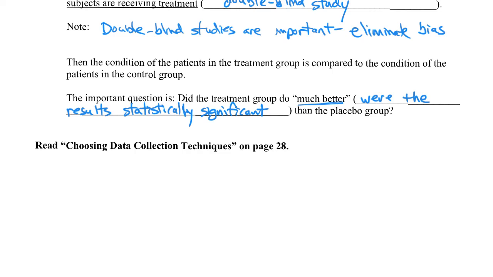Because if you just took two groups and they both have the same thing, let's say they both take the medicine, well, just from chance alone, one of them would probably do better than the other one, right? So it's not good enough just to say, the treatment group did better. They have to do much better, like better to the point where you think it wasn't just chance alone.